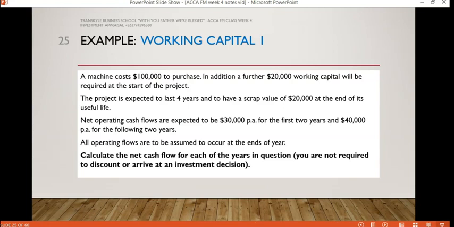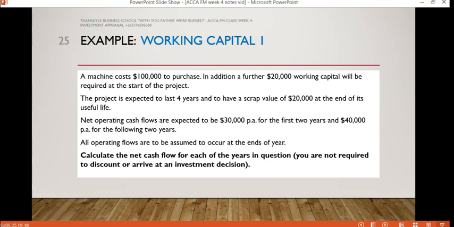We all know that working capital is resident in our net present value computations or questions. Working capital is something you need to be comfortable with because it is going to come in almost every exam. So we're going to do two examples.